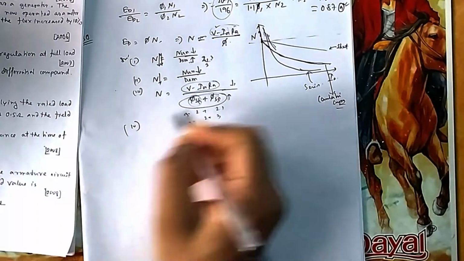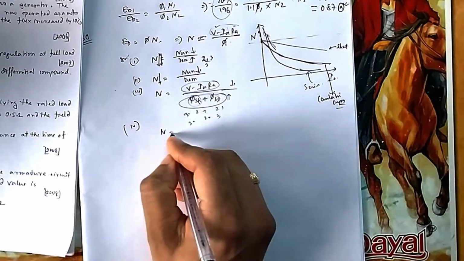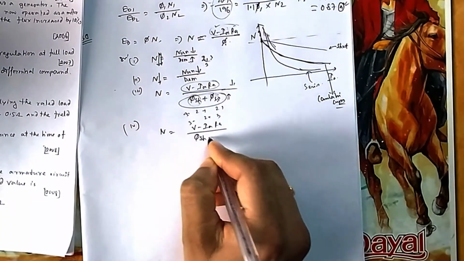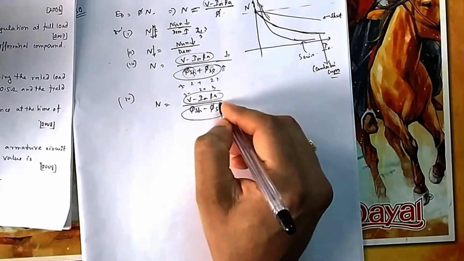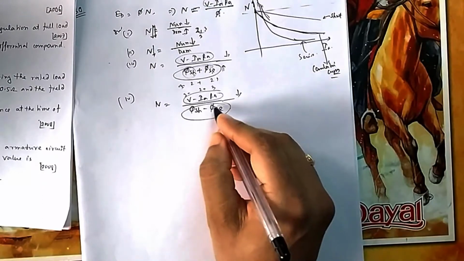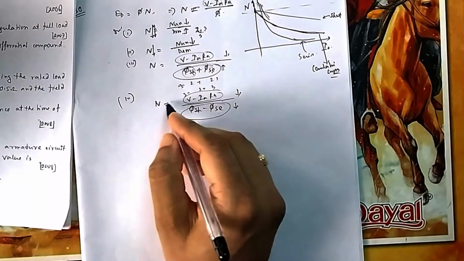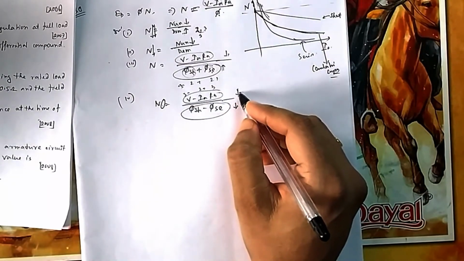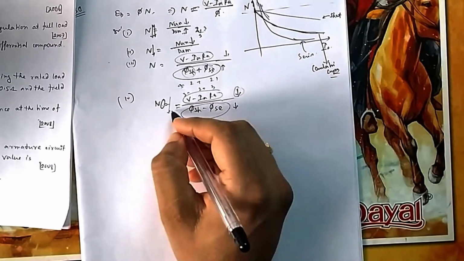And the last one, the fourth one. None of these are giving you zero regulation, so obviously the last one will be the answer. But still we will do this one: V minus IaRa divided by phi SH minus phi SC. Now it is differentially compound. If you increase Ia, the numerator will reduce. Now if you increase Ia, the denominator is also reducing. So the ultimate effect will be very small, because the numerator is decreasing, which reduces the speed, but the denominator is decreasing, which increases the speed.